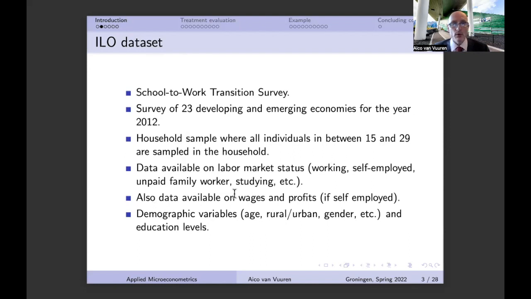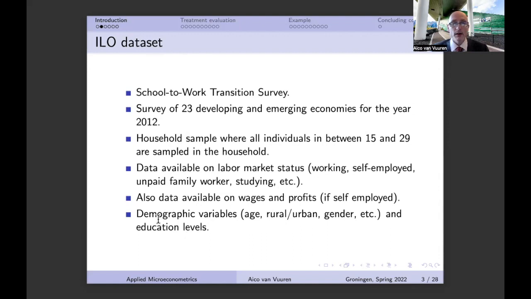Also data available on wages. And that's very important for our analysis because we essentially are going to look at wages. But it's also possible, and that's very interesting with respect to this data set, to even look at the profits in the case that individuals are self-employed. Take into account that these are self-reported wages and profits, so it's not something that comes directly from the tax office, but instead it's based on what people actually indicate to be their wages and profits.